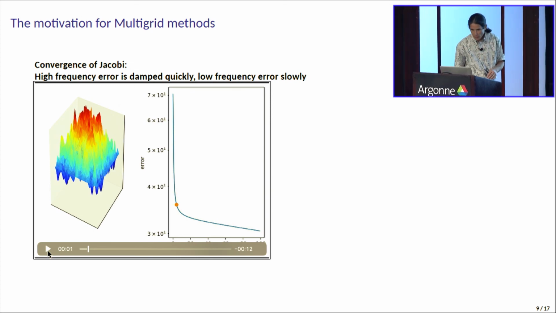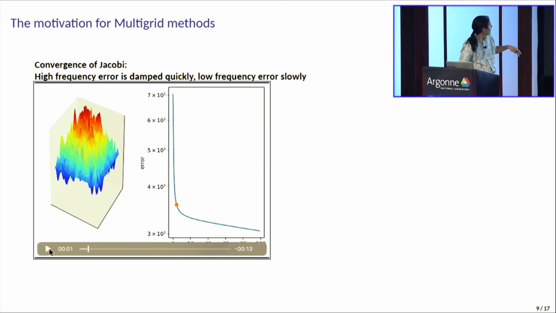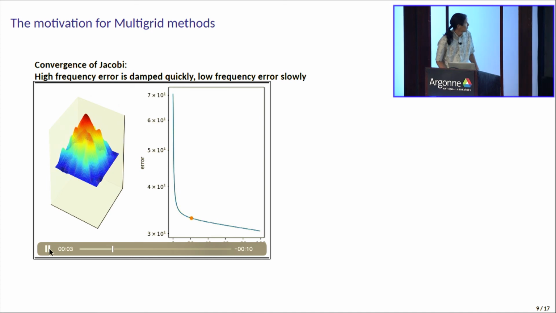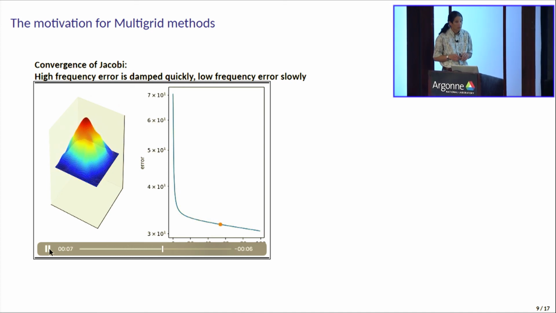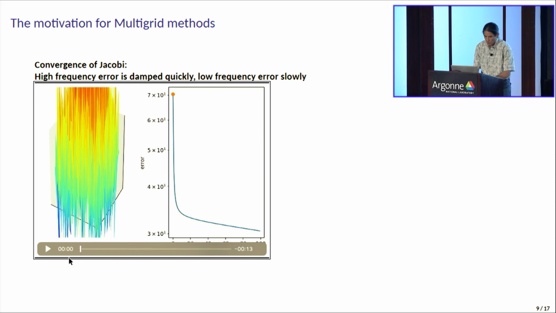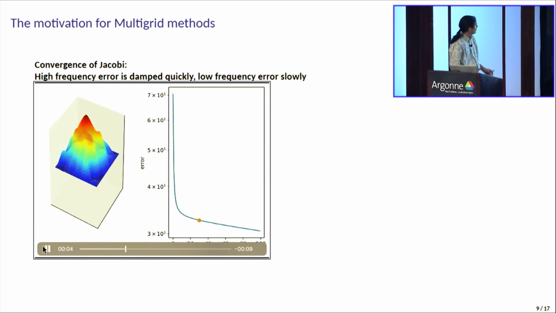And as we run Jacobi, what do we see about this error plot? How would we characterize that? High frequency errors drop quickly. Yeah, so you can see that we've got a lot of very high frequency, highly oscillatory error, and it's quickly getting damped out.